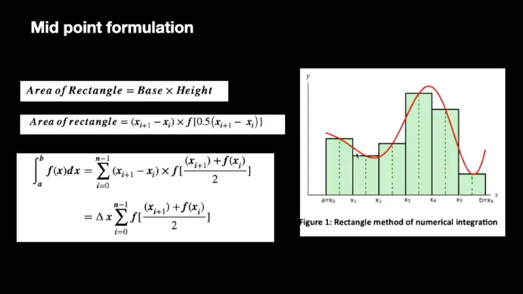For example, here the left out area is much more, while the extra area taken is less. So the accuracy of this technique will increase many folds if you increase the number of strips. If you have a larger number of strips, you will calculate the area more precisely.